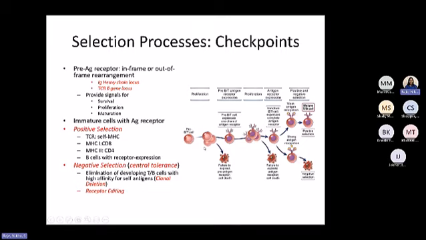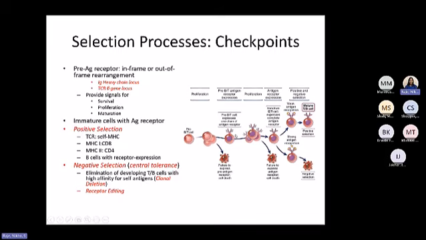So let's look at this figure here. The stem cell was differentiated into the pro-B cell or pro-T cell. Then it underwent proliferation, and then it expresses the pre-T cell or pre-B cell antigen receptor.